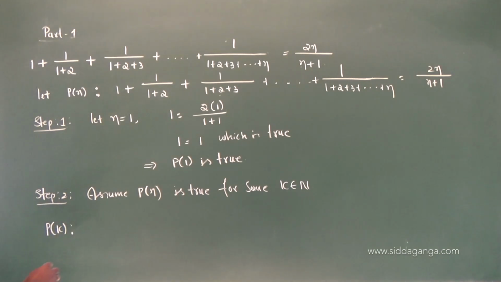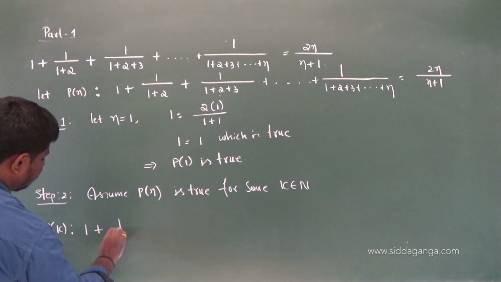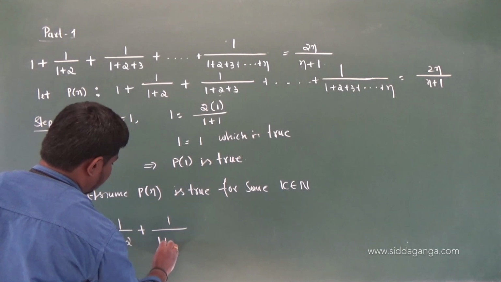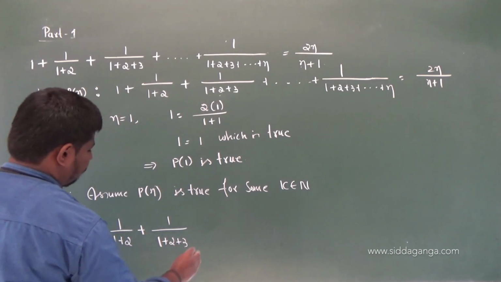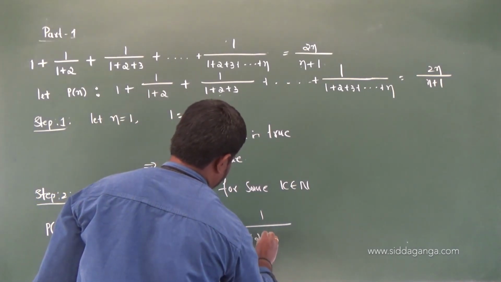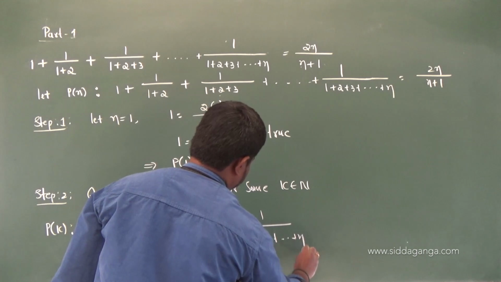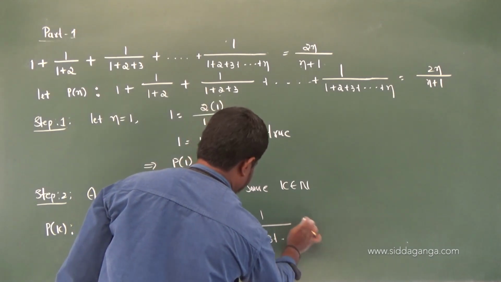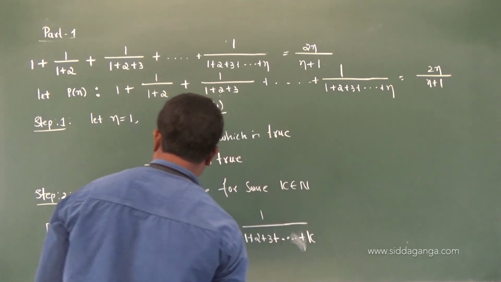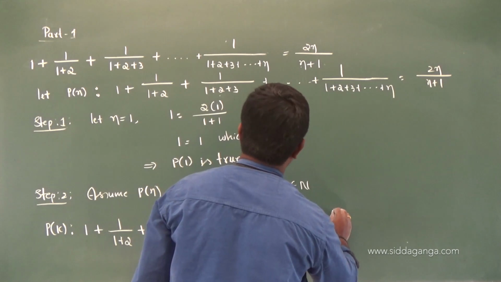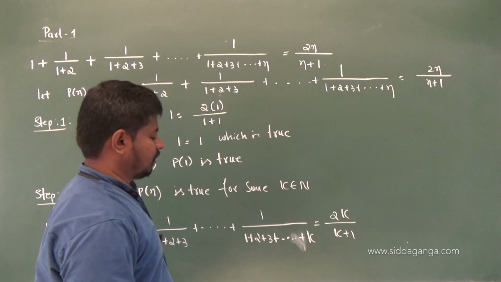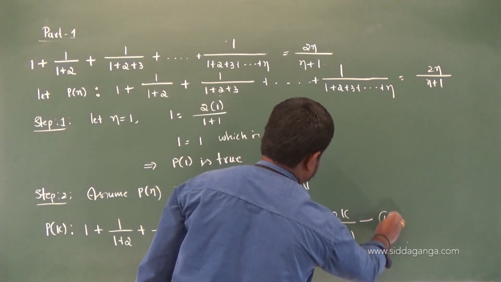P of k is 1 plus 1 by (1 plus 2) plus 1 by (1 plus 2 plus 3) plus and so on, 1 by (1 plus 2 plus 3 and so on plus k), in place of n substitute k, is equal to 2k by k plus 1. Wherever you have n, substitute k. Take it as equation 1.